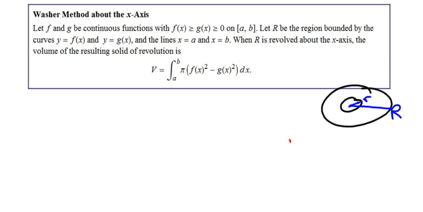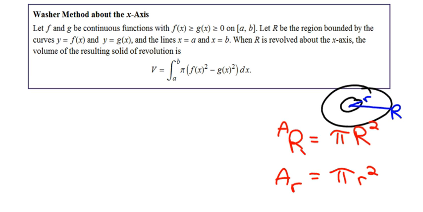So if I was to do the big area, it should be pi capital R squared. And if I was to do the area of the small or lowercase r, it should be pi r squared. So the big thing about when we find the volume of this, we're going to do the outer minus the inner.